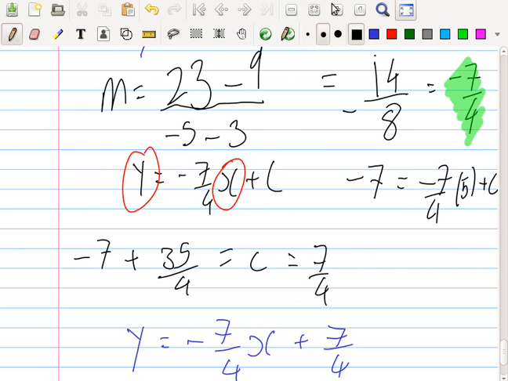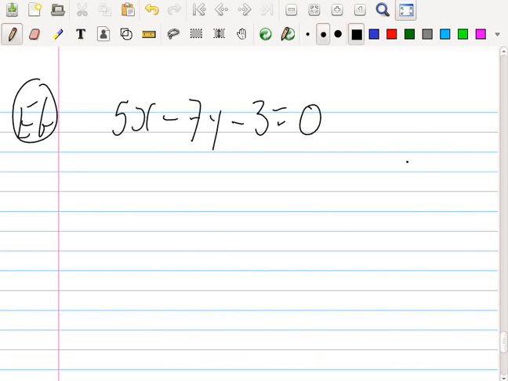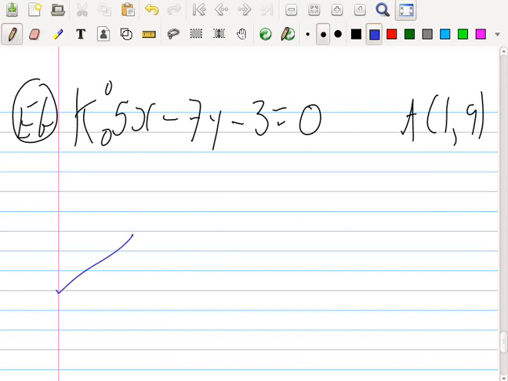Okay, one more example for you. So let me draw the situation for you. I give you K, I give you A, and I'm asking you for L, the line that is parallel to K and passes through A here.